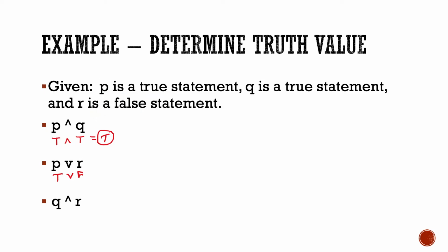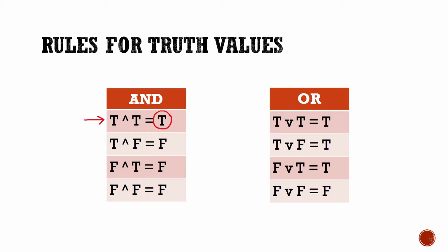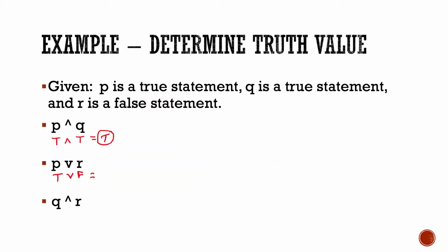Now I need to remember what true or false is equal to. I'm going to go back to my or box, and I'm looking for the one that has T or F. That would be this one, T or F, and my truth value is also true. So my final answer on this one, also true.